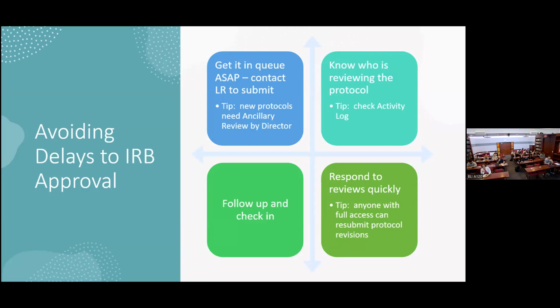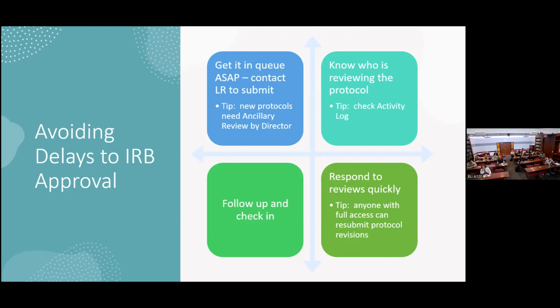So this is a nice thing about the online protocol. It took us a while to get used to it, but one of the things that I really like about this system is it's pretty easy to make changes. And a lot of times I put it into queue and then we forgot something. Like, oh no, we forgot to add this very, very important person that needs to be on it. Then I would go and check out who's actually reviewing it, and I would email that person and say, can you return it so that I can add this other person?